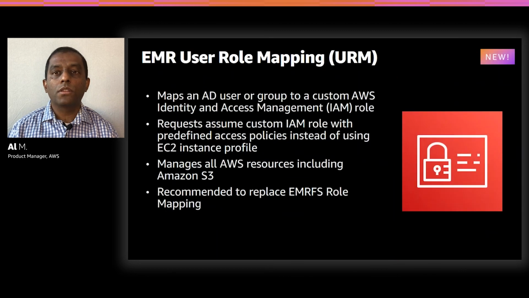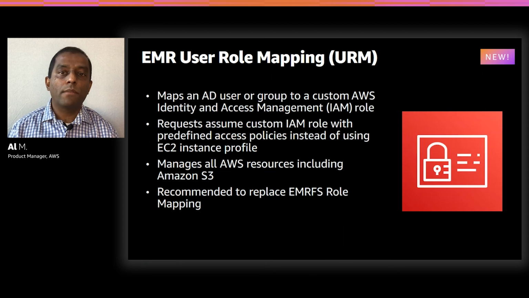URM or user role mapping is a mechanism which allows you to map an IAM role to a user or a group from an identity store like Active Directory. When an application makes requests to obtain AWS credentials from the IMDS or Instance Metadata Service, URM intercepts these requests and instead returns AWS credentials for the IAM role that is mapped to the user or the group that's making the request.